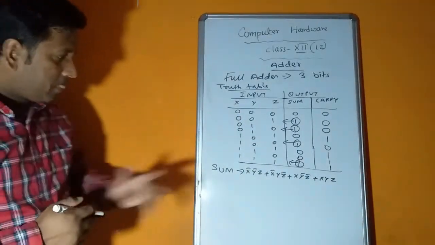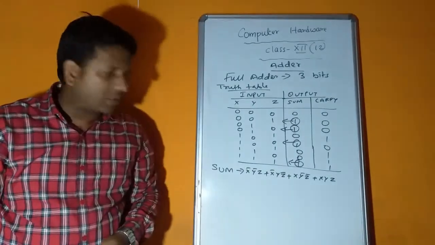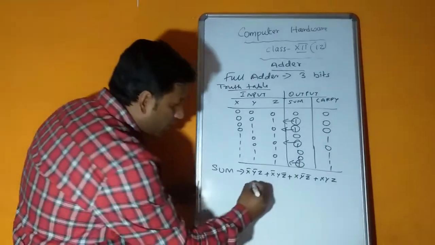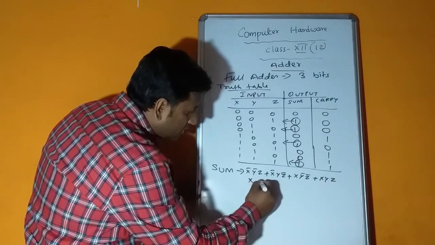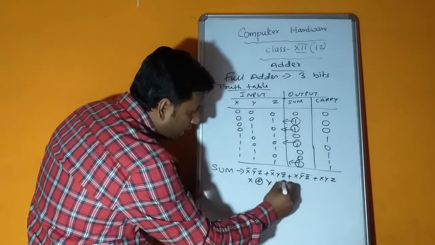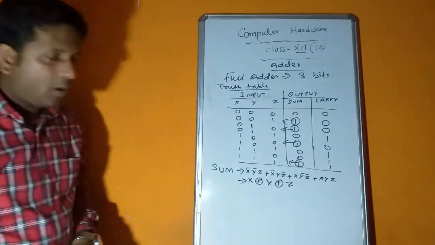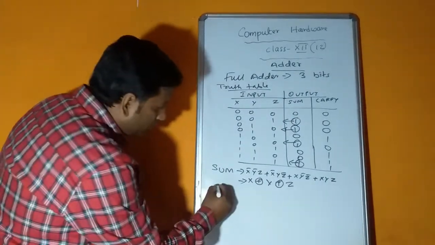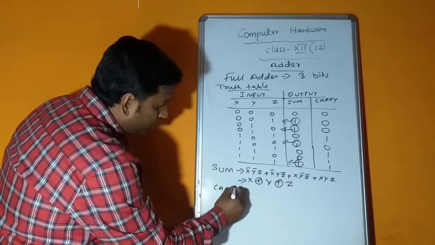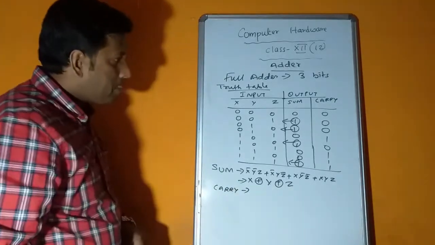So again, the exclusive OR gate concept is used here, and it becomes x XOR y XOR z. Okay, this comes from the exclusive OR gate. Now come to the part of carry.